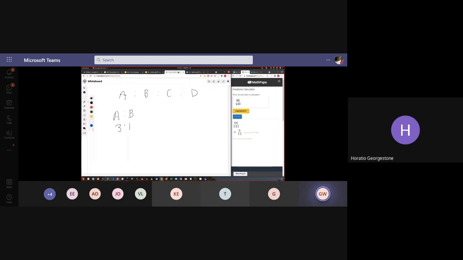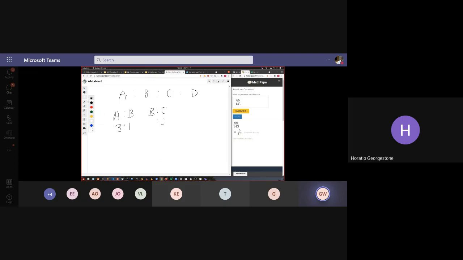Okay, so we've got that written down. We don't have to think about that. So we're told that A is 3 times taller than B. So A to B is 3 to 1. C is 4 times shorter than B. So B's number should be 4 times C's number.